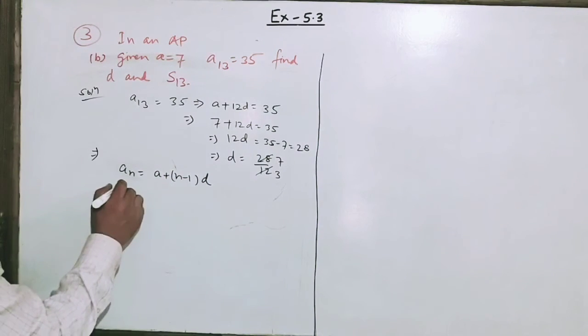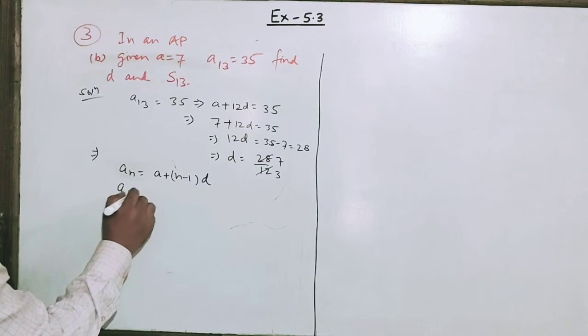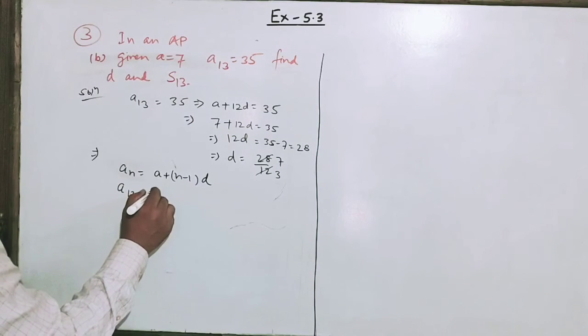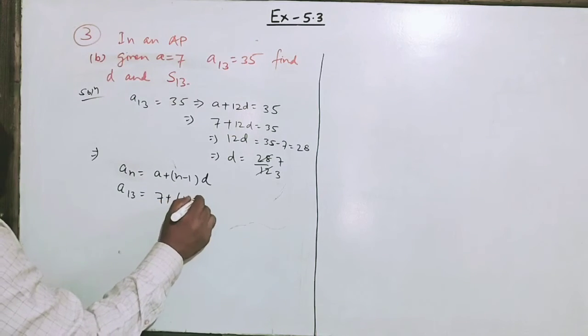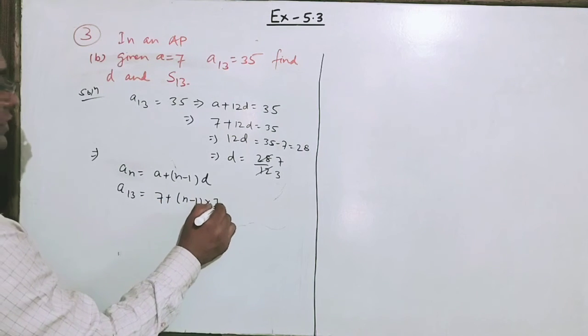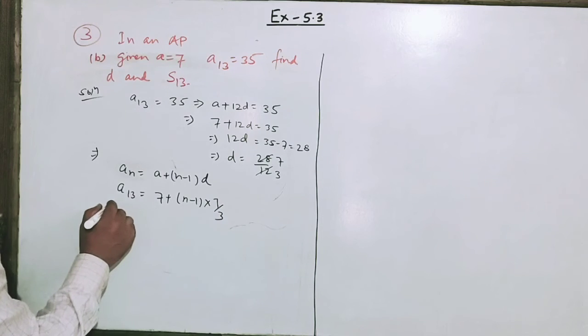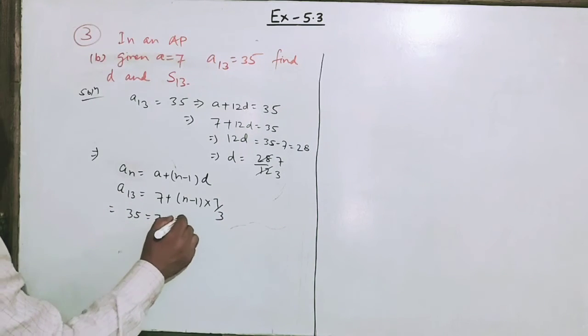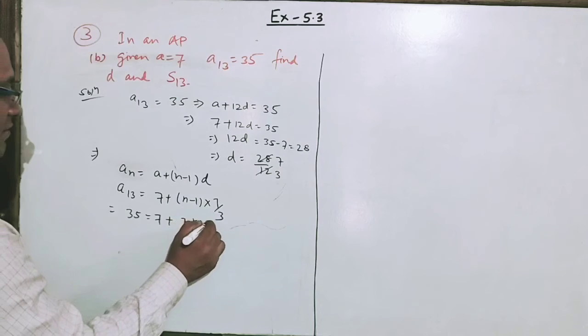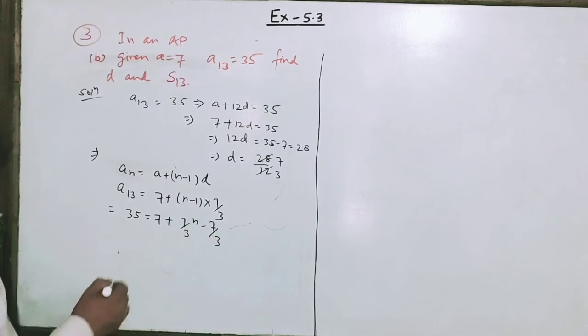Okay. So a13 equals a, 7, plus (n minus 1) into 7 by 3. a13 is 35. 35 equals 7 plus 7n by 3 minus 7 by 3.